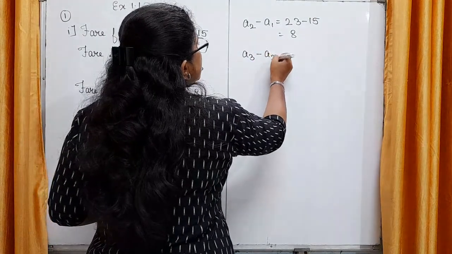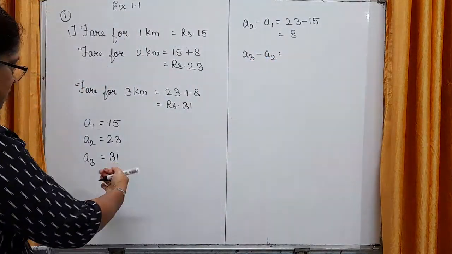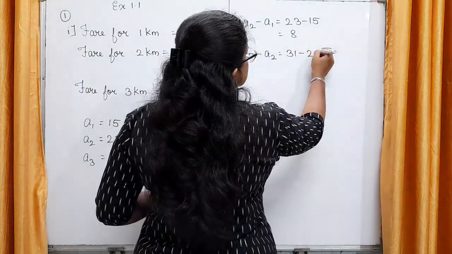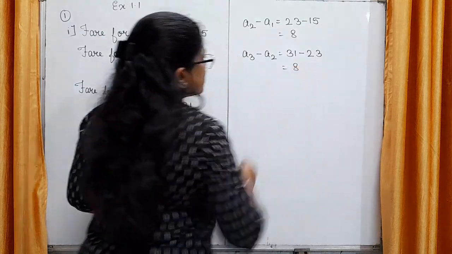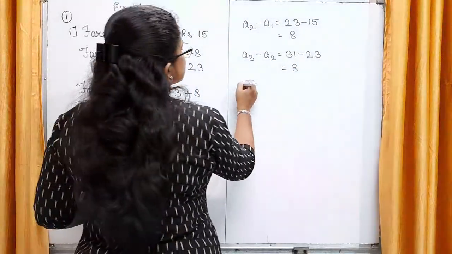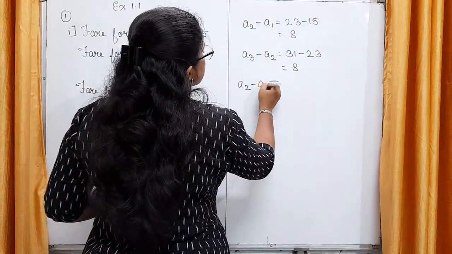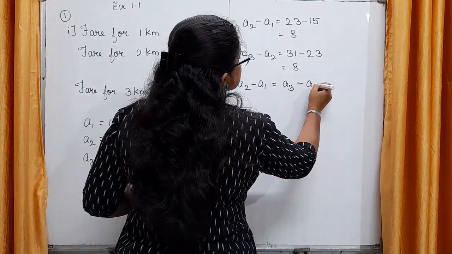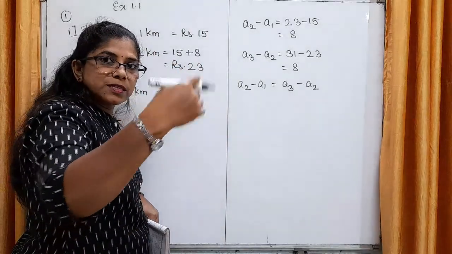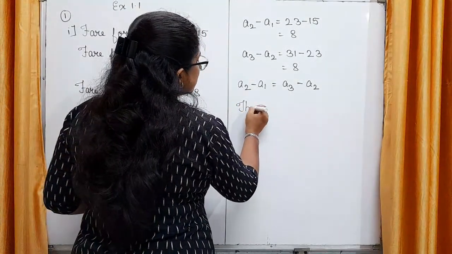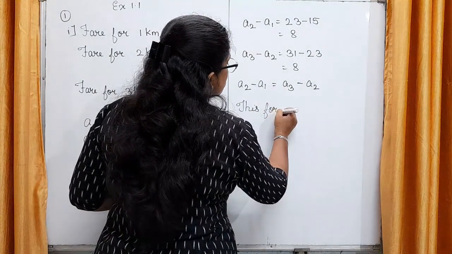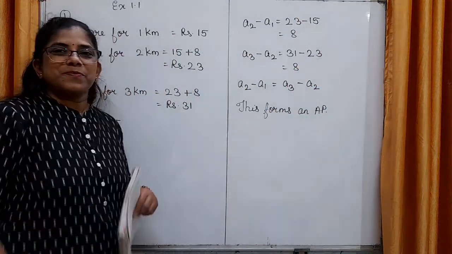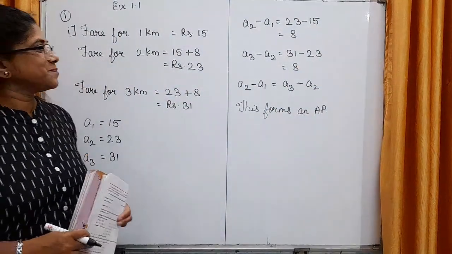A3 minus A2: A3 is 31, A2 is 23. 31 minus 23 is 8. Common difference is the same. A2 minus A1 is equal to A3 minus A2. As the common difference is the same, so yes, this forms an AP. This is how we have to check.